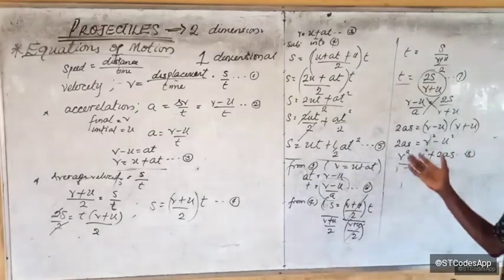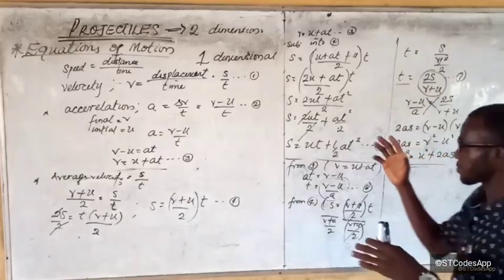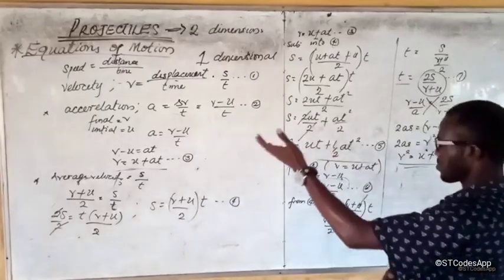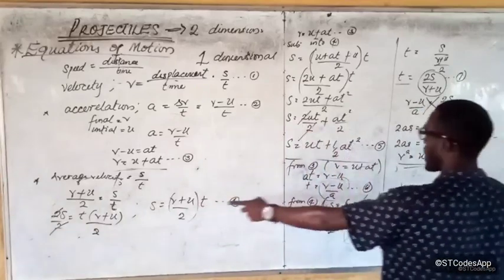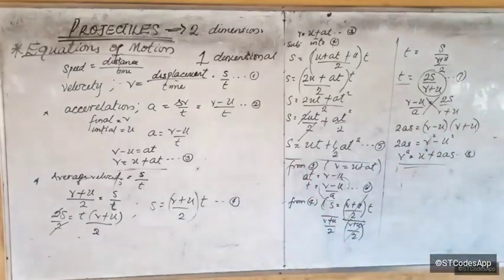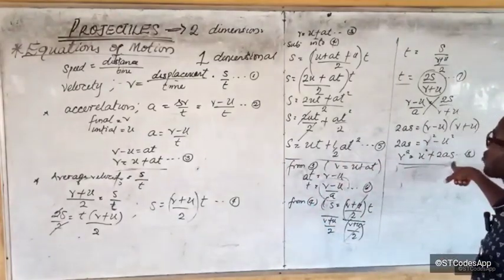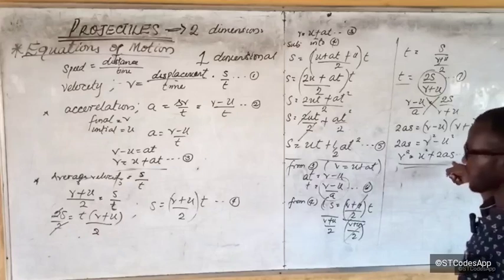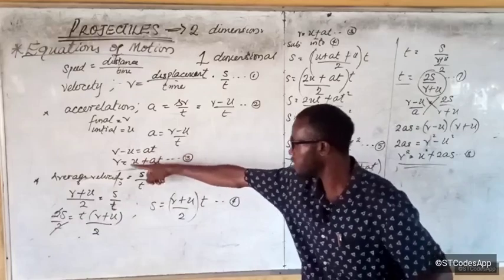Another way of deriving this is to substitute the value of s into this equation. If you substitute into this equation, let's try that out and see what we have. No, okay, since we want s to appear, another way of deriving that is to substitute for u here, v equal to u plus at.